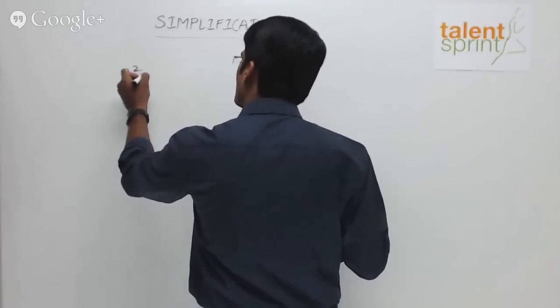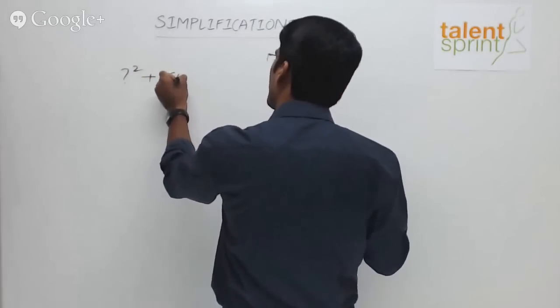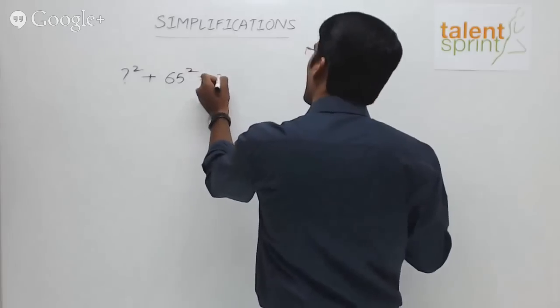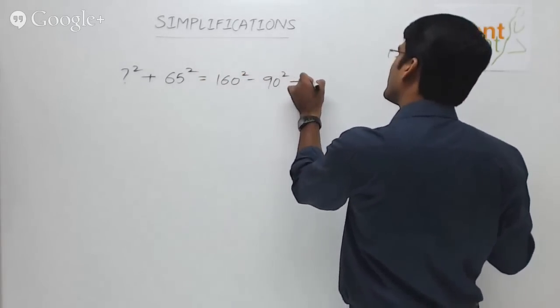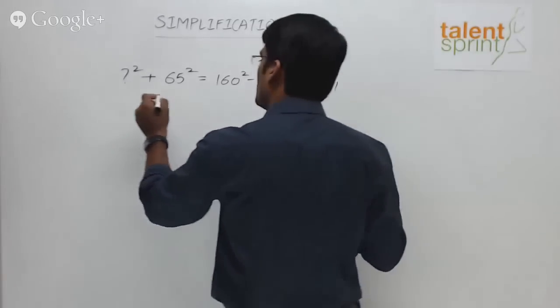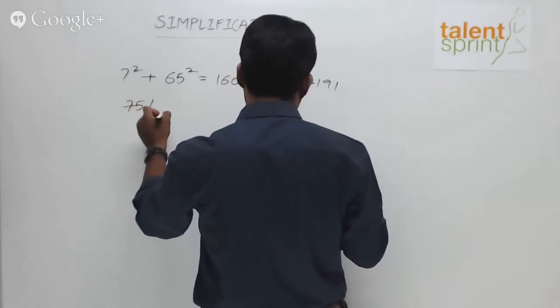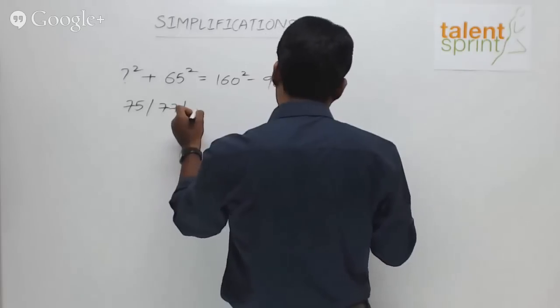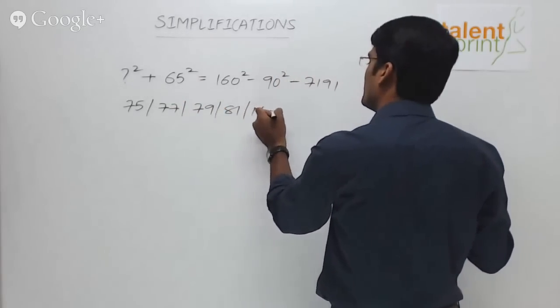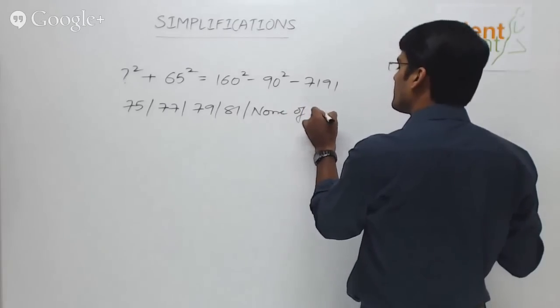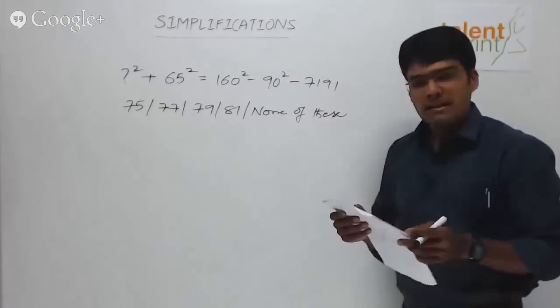It says question mark squared plus 65 squared equals to 160 squared minus 90 squared minus 7191. The options given are 75, 77, 79, 81, and the fifth option is none of these.